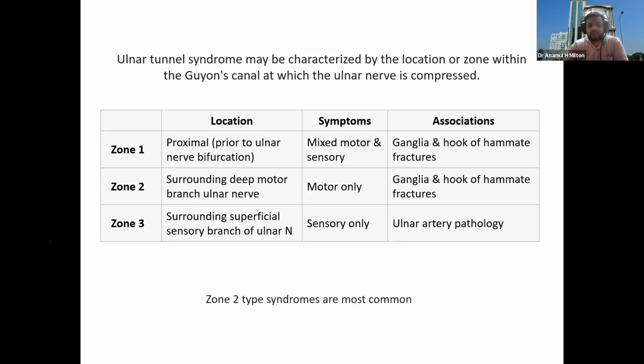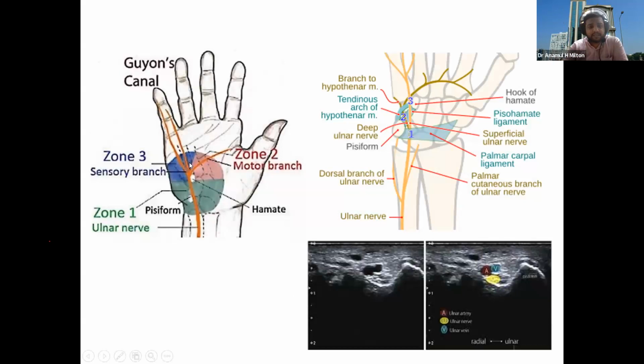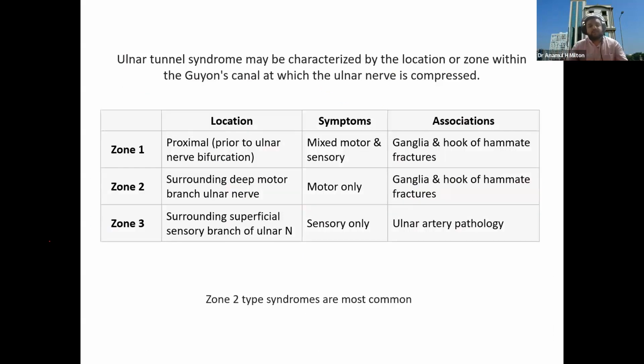This area is supplied by the ulnar nerve, and it is the motor supply, so these muscles waste. If zone 3 is affected, only the superficial sensory branch of the ulnar nerve is affected, so only the sensory is affected.